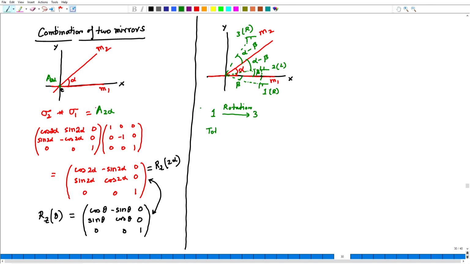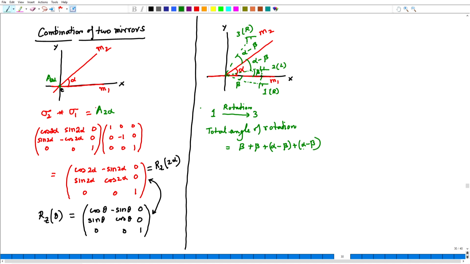So, what is the total angle of rotation? The total angle of rotation required is simply the sum of all of these. I have beta, another beta, then alpha minus beta, plus another alpha minus beta.